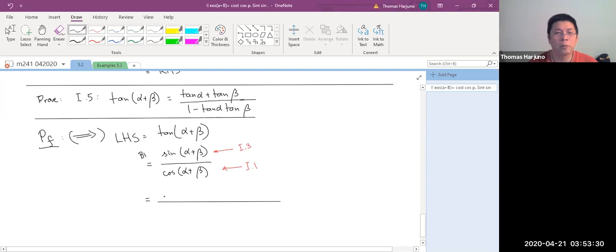So on the top, we will have sine alpha cosine beta plus cosine alpha sine beta. At the bottom, I will have cosine alpha cosine beta minus sine alpha sine beta.